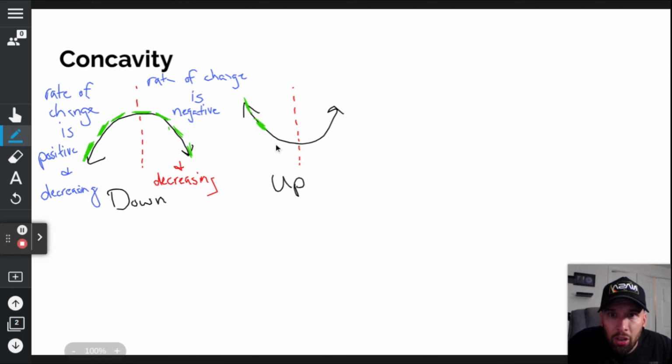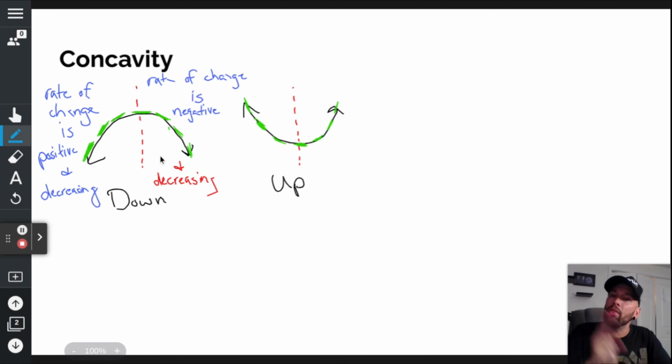And then it's still negative, but the moment I hit the very bottom, it's zero, it's flat. And then once I go up the hill, it's positive some more. So on the left side of concave up, I have a negative slope, which means my rate of change is negative.